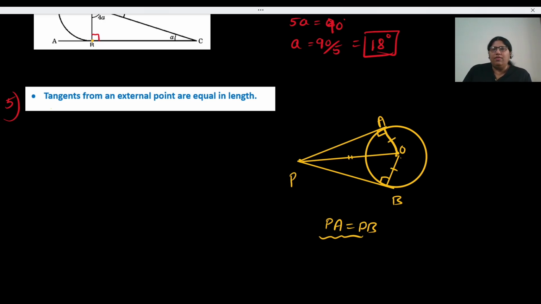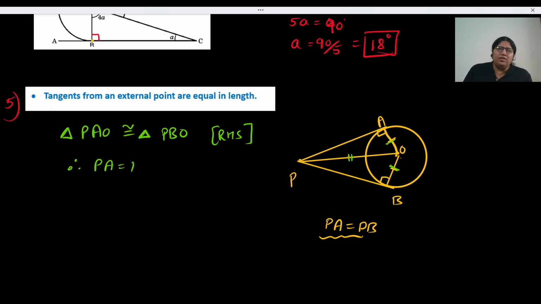So why do we say that tangents are equal? Using congruency. I can say that triangle PAO is congruent to triangle PBO by RHS congruency: right angle, hypotenuse and side. Therefore, PA is equal to PB.